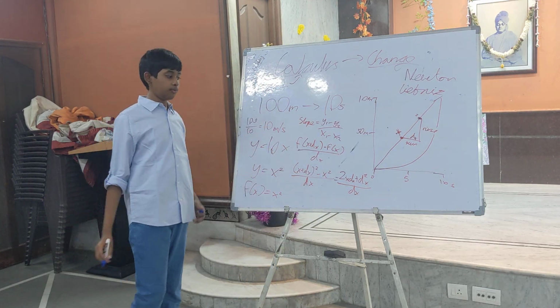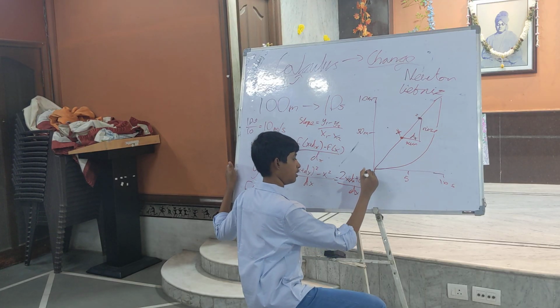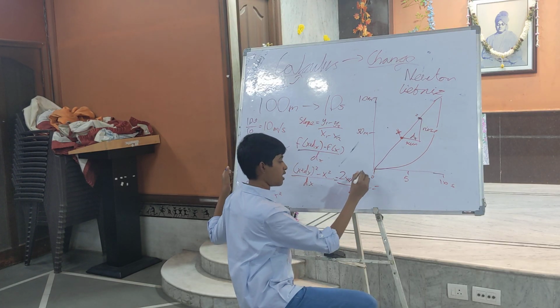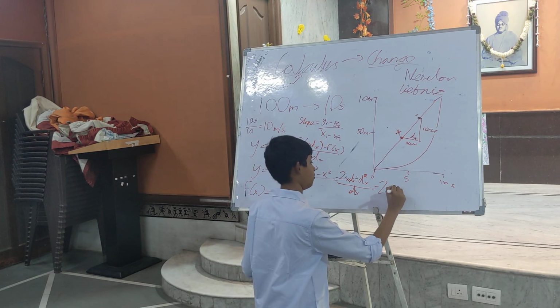Now we cancel dx from here and here, and dx squared over dx is just dx. So this comes out to 2x plus dx.